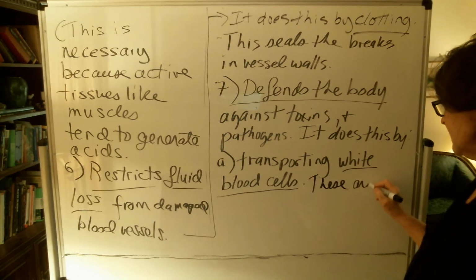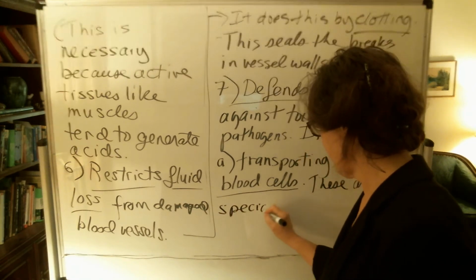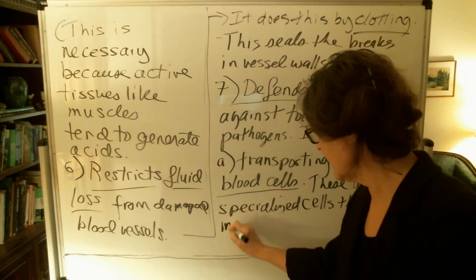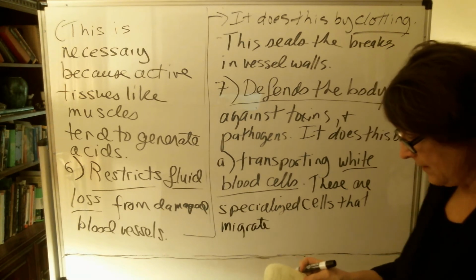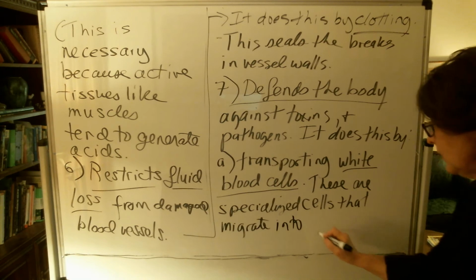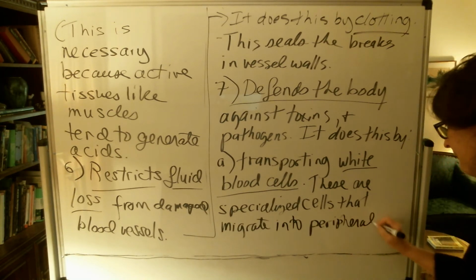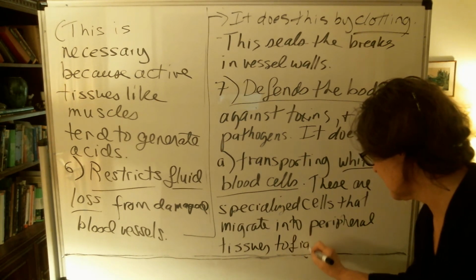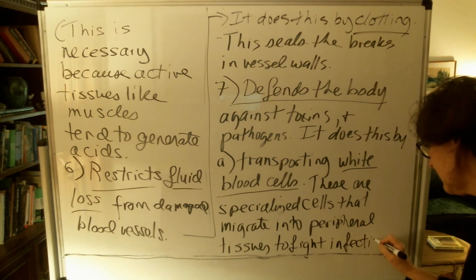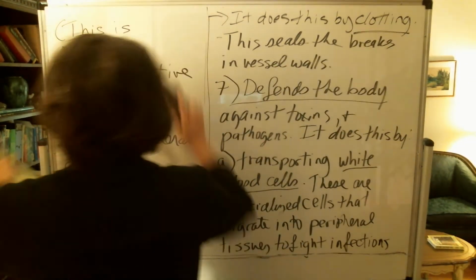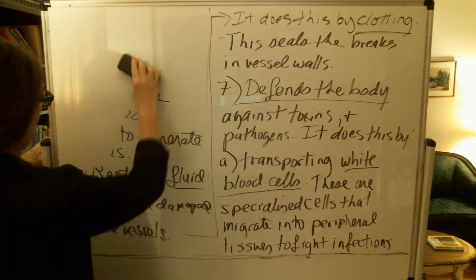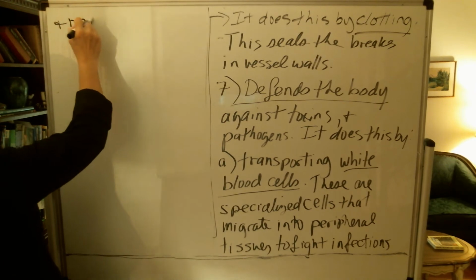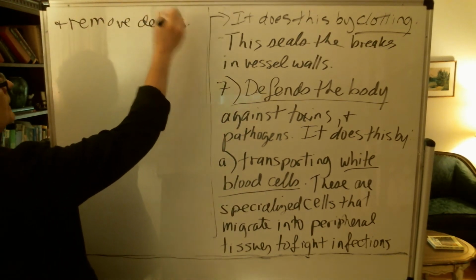And these white blood cells then are specialized cells that migrate into peripheral tissues to fight infections and remove debris.